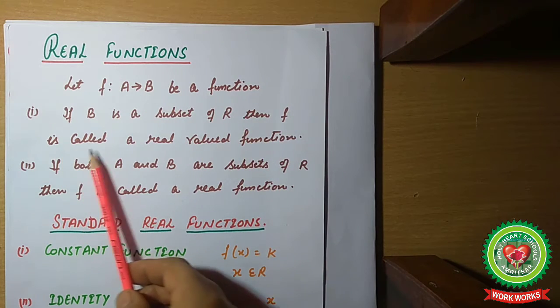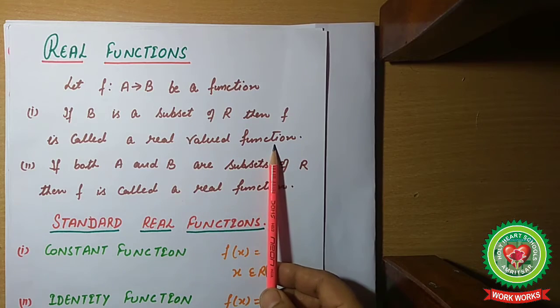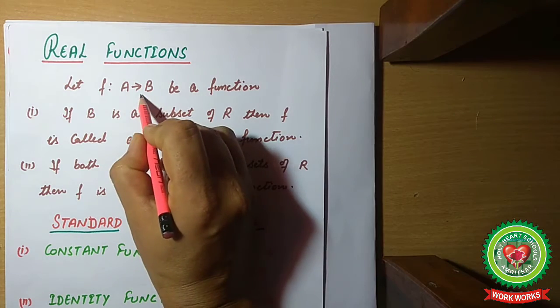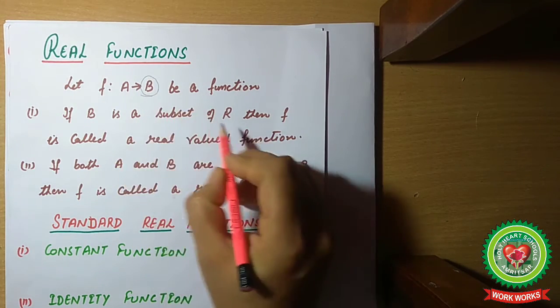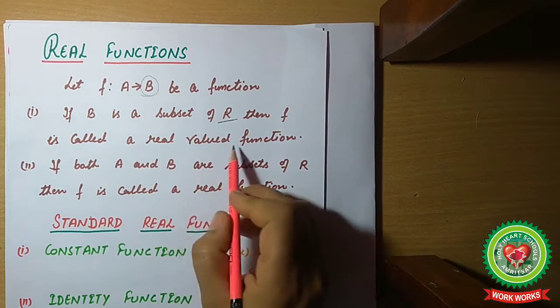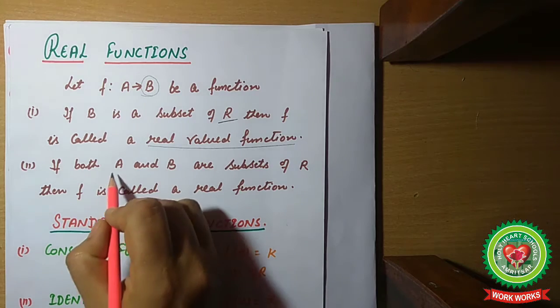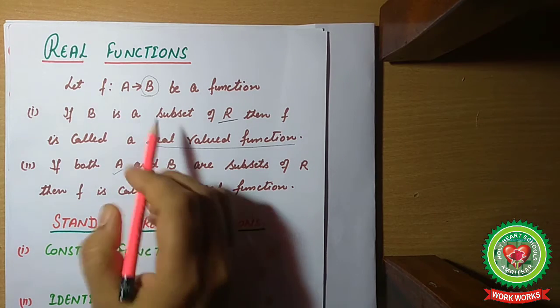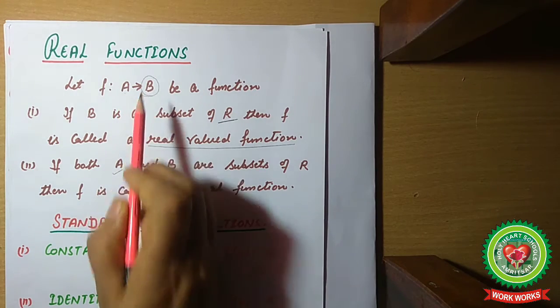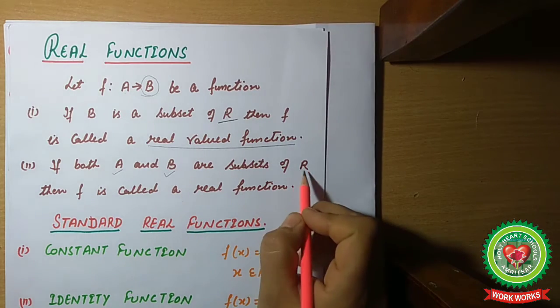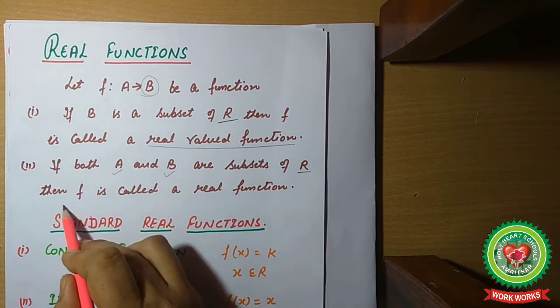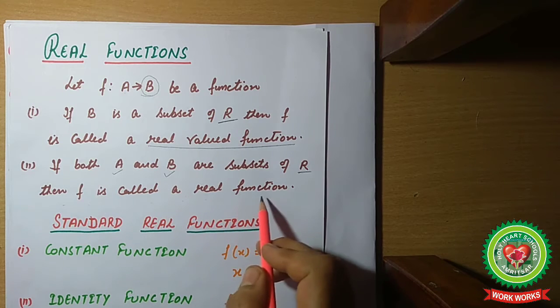Then f is called a real valued function. If both A and B are subsets of the real numbers, then f is called a real function.